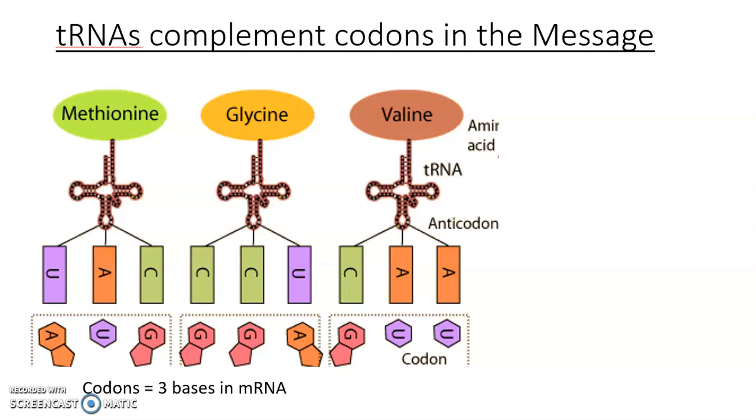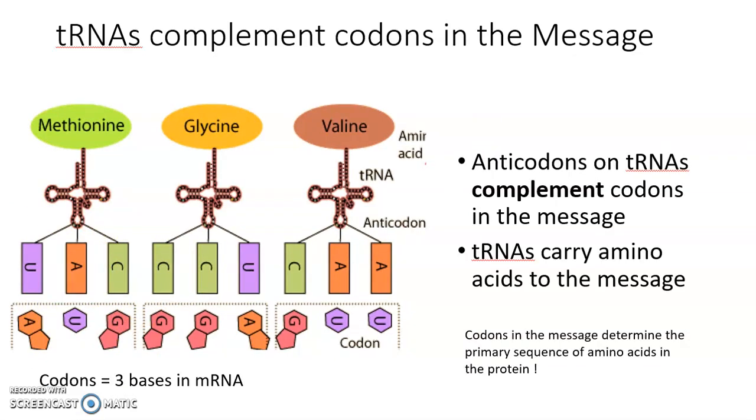The message that is encoded in that messenger RNA, all of the words are 3 bases long, and they're known as codons. These codons are going to match or complement the anticodons in your tRNAs. And those tRNAs are going to be able to bind or form hydrogen bonds with the codons in your message, and the tRNAs are carrying those amino acids.